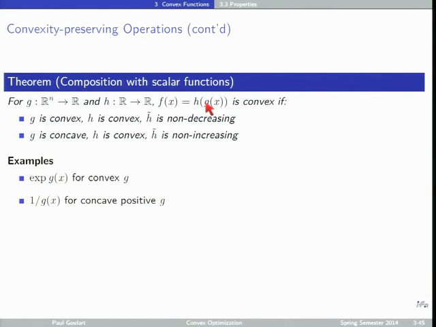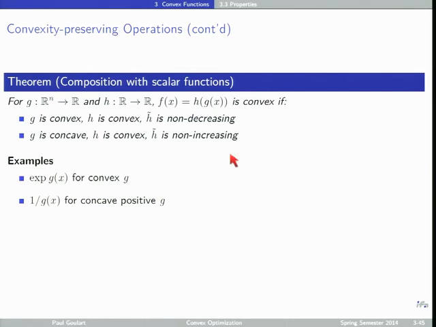Or likewise, if g is concave, and I put it into a non-increasing function, then I maintain convexity. So if I find that I have some horrible-looking combination of two different convex functions, I should remember this rule, and I should check whether I have actually screwed up convexity or not. Because it's generally not the case that you can just combine convex functions in arbitrary ways. But this is one way that you can.